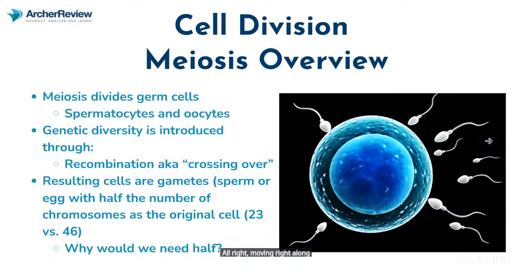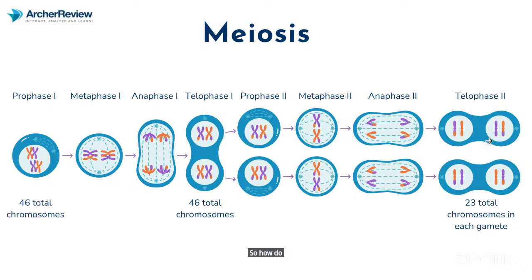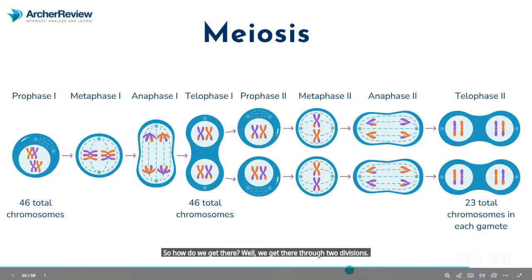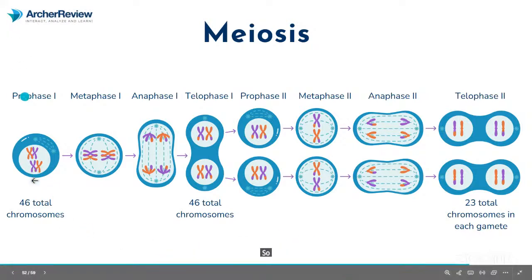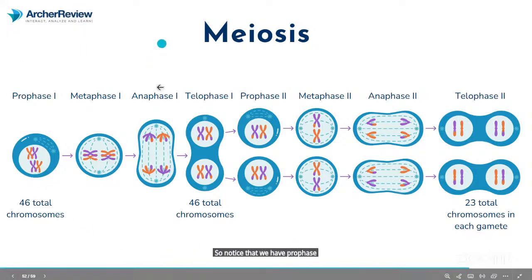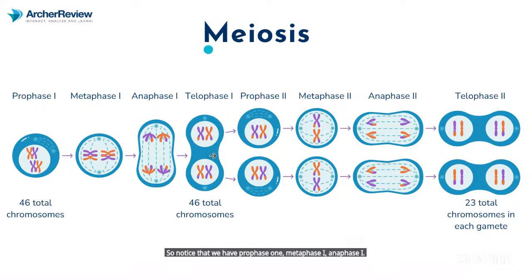Back to meiosis. So we've got this idea we need to have half. So how do we get there? Well, we get there through two divisions. So notice that we have prophase 1, metaphase 1, anaphase 1, telophase 1, and now we go into prophase 2.